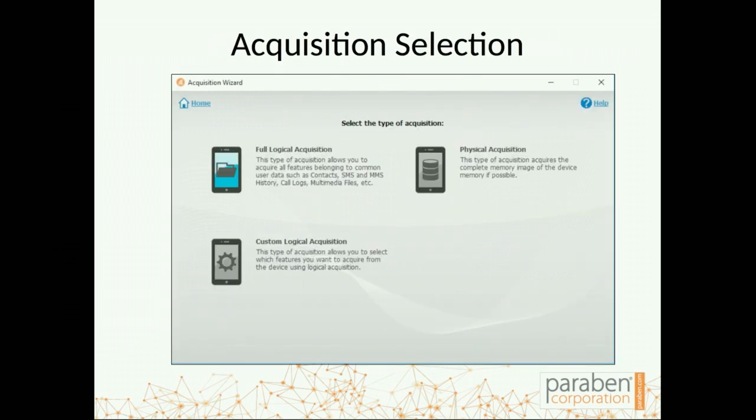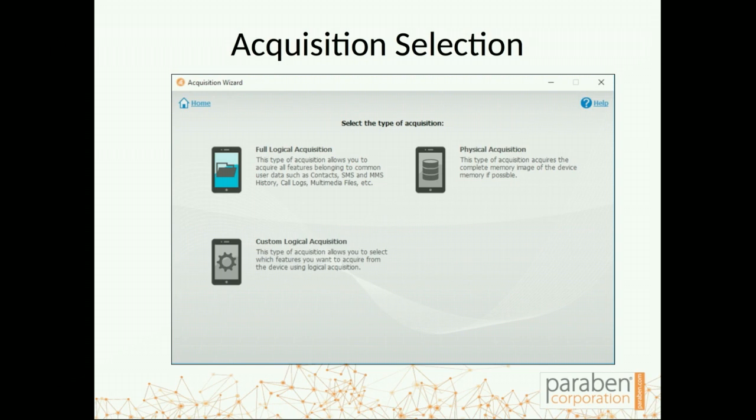When I did my logical option, I selected the full logical option. There's two other options that are available depending on the type of Android device. You can do a physical acquisition of the device, and you also have an option to do custom logical acquisition. This option is if you want particular features when you have a limited amount of time and access to the device.